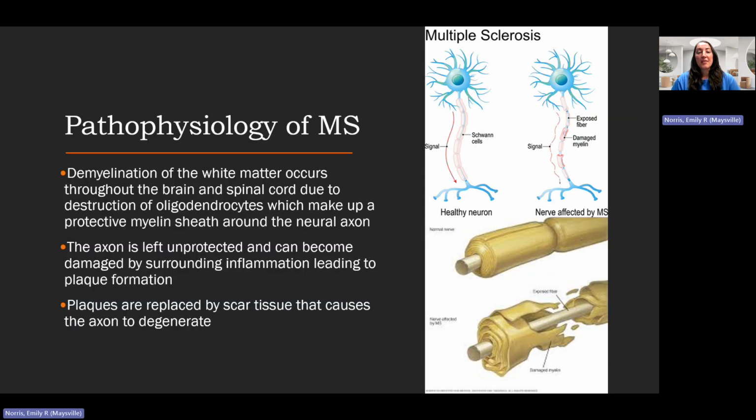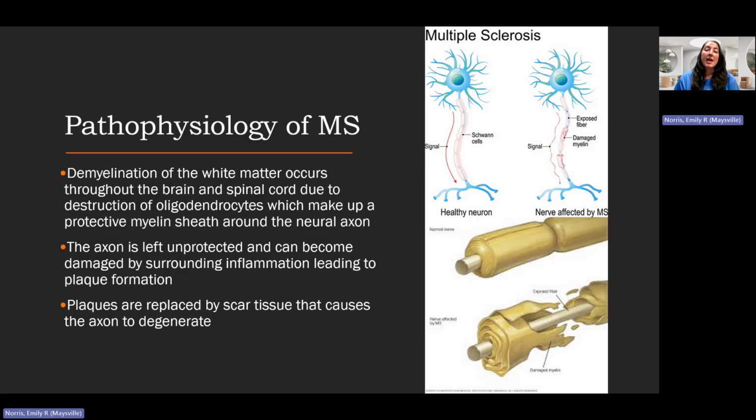With the pathophysiology of MS, demyelination of the white matter occurs throughout the brain and spinal cord because of destruction of oligodendrocytes, which make up the myelin sheath around the axons. So as those oligodendrocytes are destroyed, the myelin is destroyed, and the axon is left unprotected.